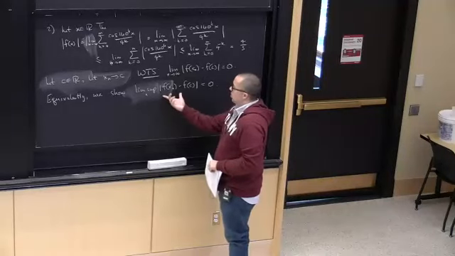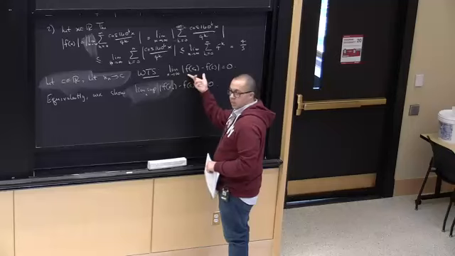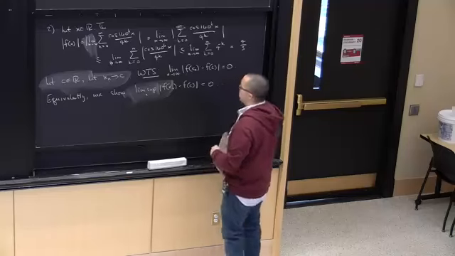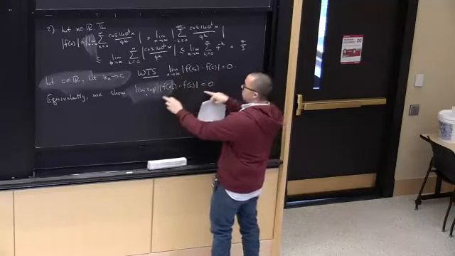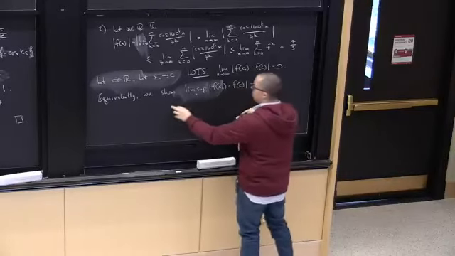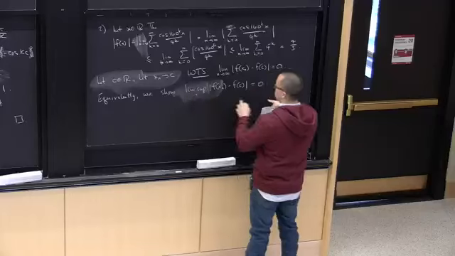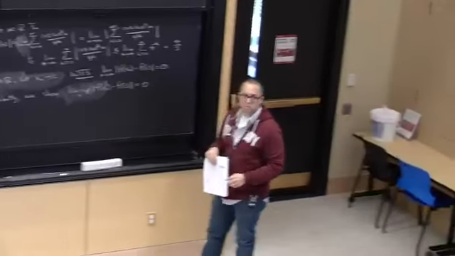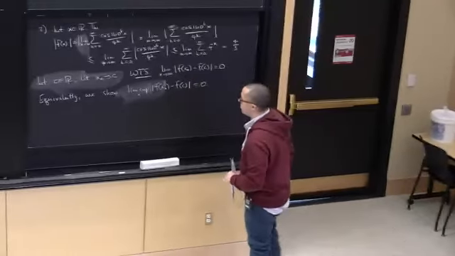So if we show that this lim sup equals 0, then this is equivalent to showing this limit equals 0. Again, this was an exercise, or you can take it as, the lim inf of something that's non-negative is always bigger than or equal to 0. So if we show this is equal to 0, we would have 0 is less than or equal to the lim inf, which is less than or equal to the lim sup, which equals 0, and therefore the lim inf equals the lim sup equals 0. Okay, so that's another way of seeing that this is equivalent to this.